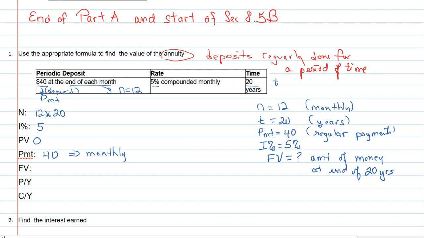I'm writing this because you can accidentally put the 40 in the present value and then get confused why the answer is wrong. And our future value is 0, and this is the one we're looking for. And our P/Y and C/Y are 12 because it's monthly. And we're going to come up here and do an Alpha Solve.